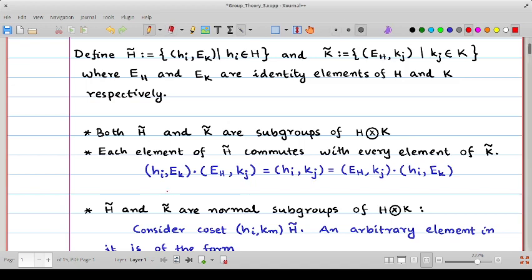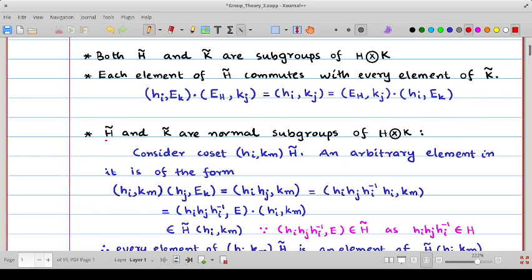So we see that Hi comma Ek dot Eh comma Kj, for any Kj in the group K, we have this product equal to Eh comma Kj dot Hi comma Ek. So that means each element Hi Ek of H tilde commutes with every element Eh Kj of the group K tilde.